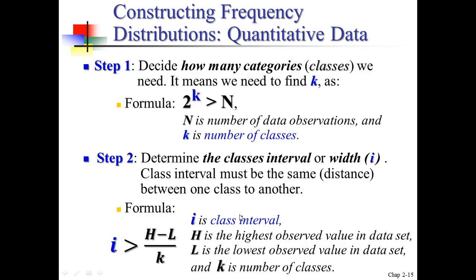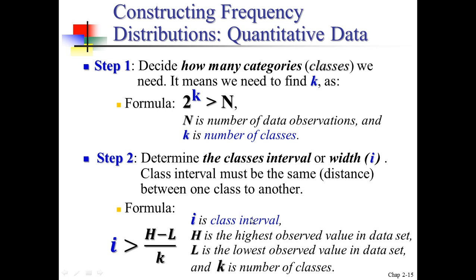So, going back again. Step 1, you need to determine how many groups are in your table. Step 2, you need to find the class interval, this class gap. Remember from the end of chapter 1, if the data set goes from one data item to another, that is a row gap, not an interval.